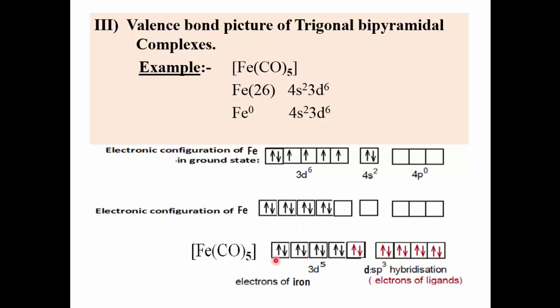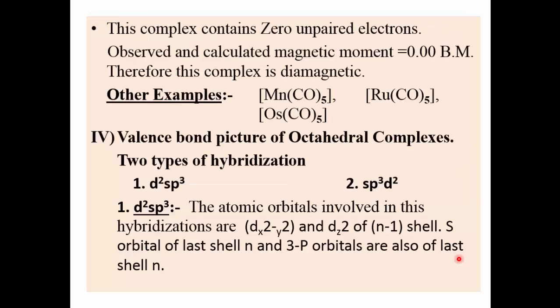When the complex is formed, the carbonyl donates an electron pair to iron. So in this way, these are the electron pairs from iron, and these are the 5 electron pairs donated by the carbonyl ligands in the dsp3 orbitals.